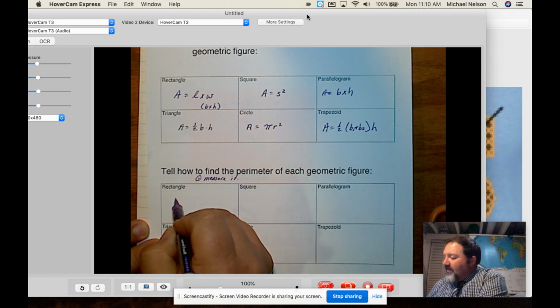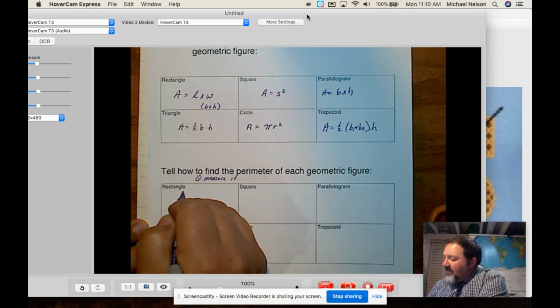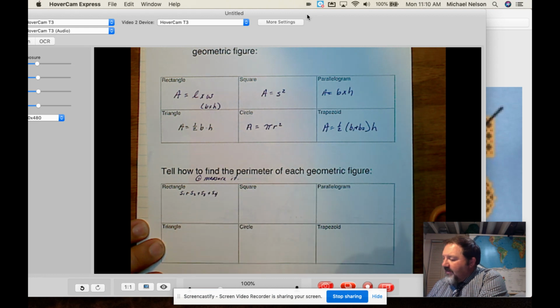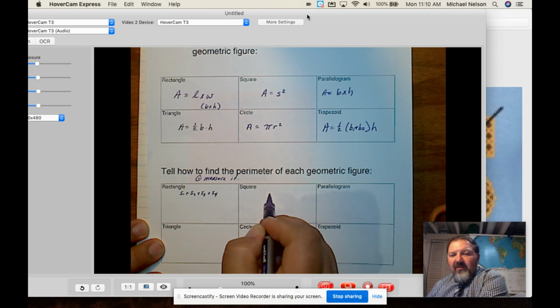Rectangle, you're just basically going to add side 1 plus side 2 plus side 3 plus side 4. On a square, you do the same thing, but the cool thing about the square is that all the sides are the same.